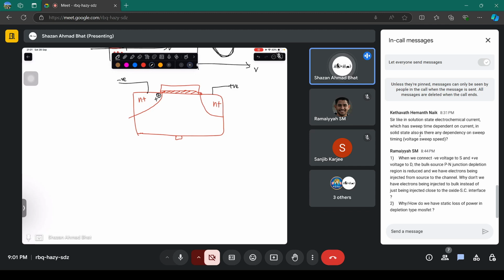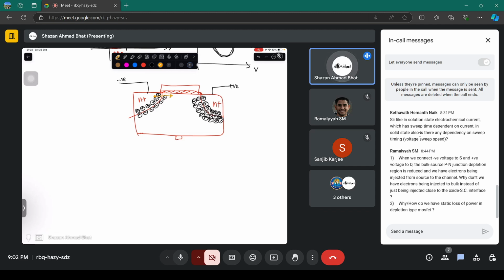This is positive. Let me draw it pictorially to visualize. We have electrons being injected from source to channel. Okay, this is electron injection. Why don't we have electrons being injected to the bulk instead of just being injected to the source?